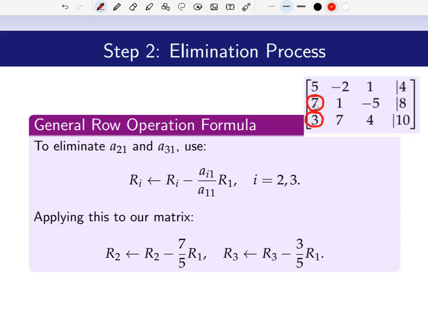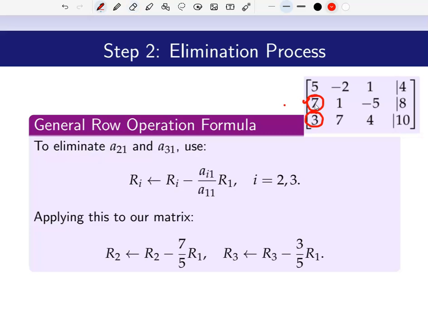So to eliminate a21 and a31, we have to use this formula: Ri becomes Ri minus ai1 by a11 times R1. Here i is 2 and 3 because we are doing the operation on rows 2 and 3.